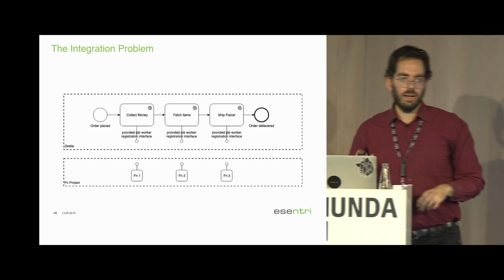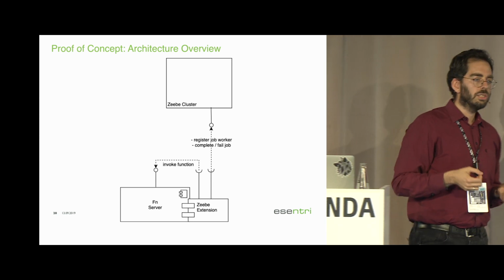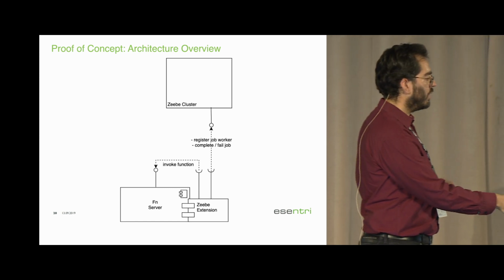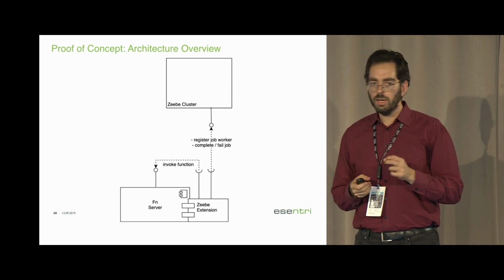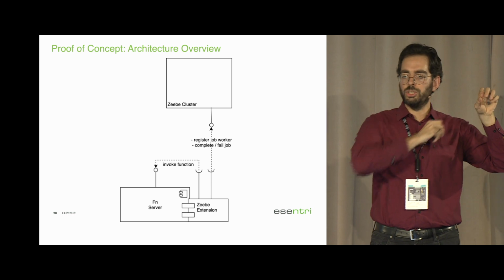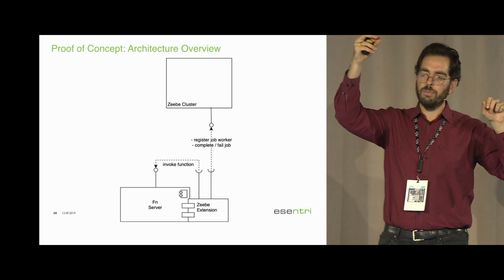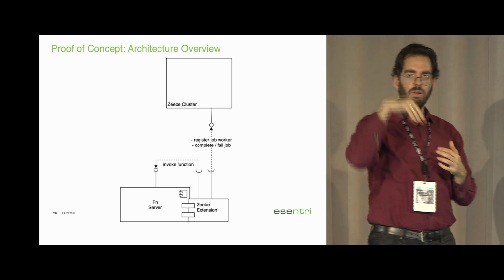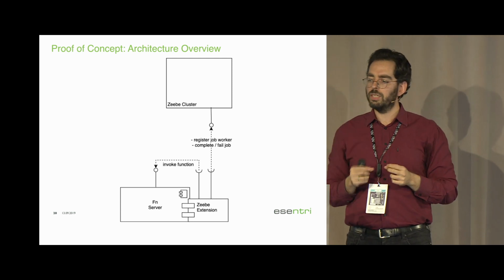Because of that, I implemented a prototype, a proof of concept, to integrate both. That's an Fn extension that I built. It starts with the Fn server and looks if a function is configured so that it handles a Zeebe job. If it's the case, it looks for the Zeebe jobs, and when they become available, it will pull the job, read the parameters, the process variables.